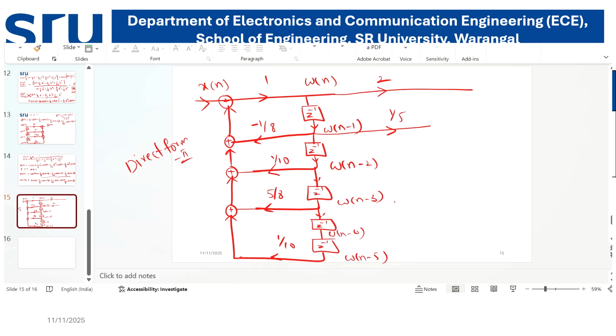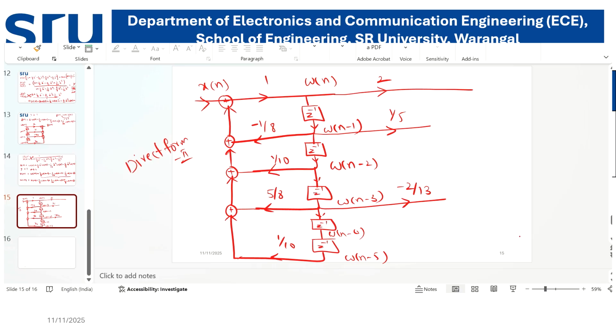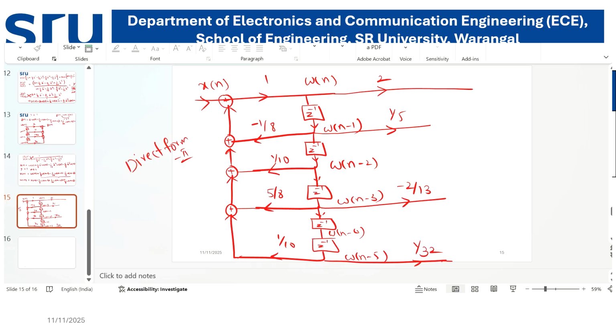Then w of n minus 5 with the coefficient 1 by 32. All are being added by the adder circuits. So this is the direct form 2 structure for the given difference equation.